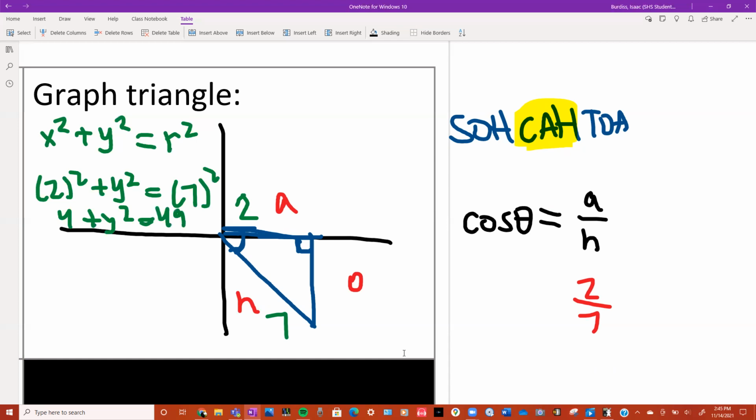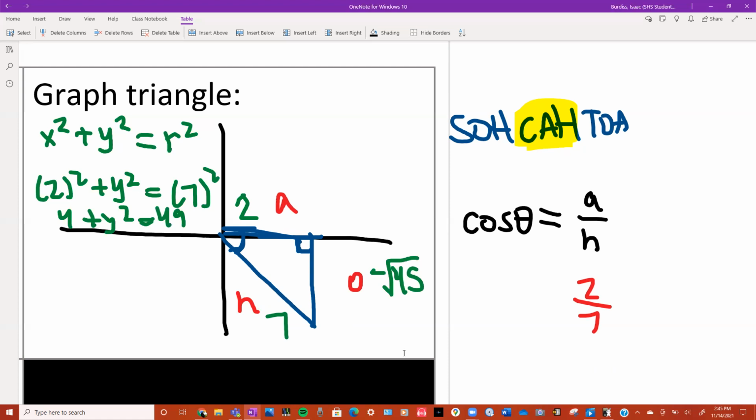And we know how to solve problems by now. So we would find out that y is the square root of 45. But let's think about it. Since this is down and below the axis, that's going to have to be negative, isn't it?